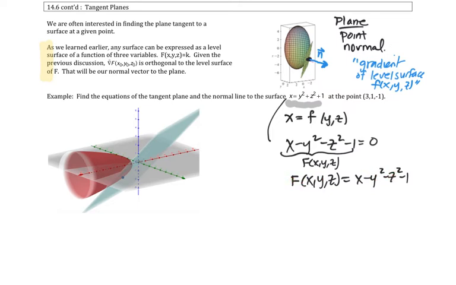So this function is not equivalent to this function. This function has a graph. This is a function of 3 variables. It doesn't have a graph.